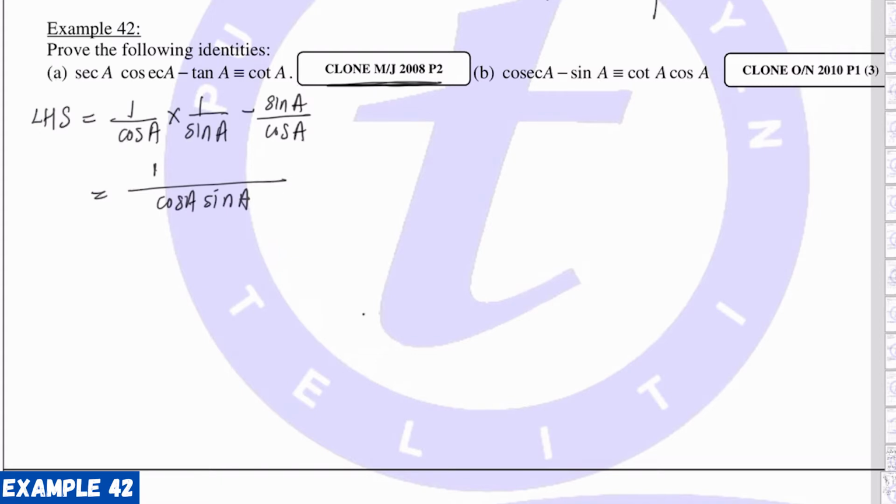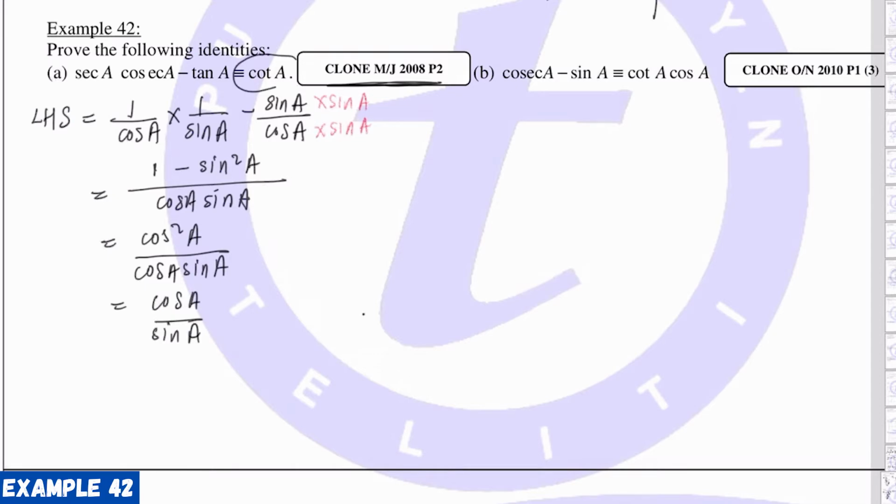But on my right hand side, I am short of sine and sine. Can you see that? So I have to multiply top and bottom with sine so that I can combine this into a single fraction. And what is 1 minus sine square? 1 minus sine square is cos square. So this is cos A sine A. When I cancel, I get cos over sine. Now what is cos over sine?